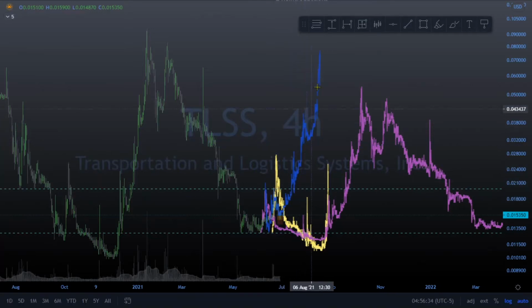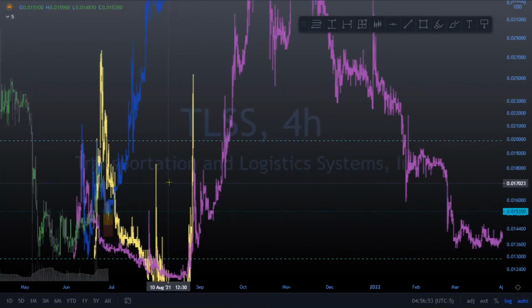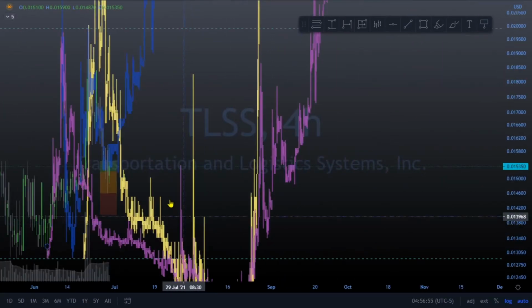This blue one is the one that I'm more partial to, and it's this bull run here. It really actually starts where this happens. You can see the price is still following this fractal very closely.